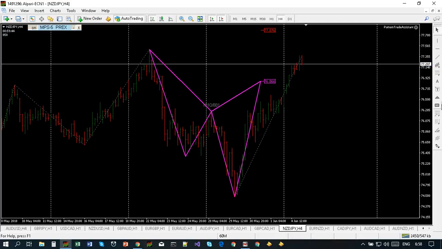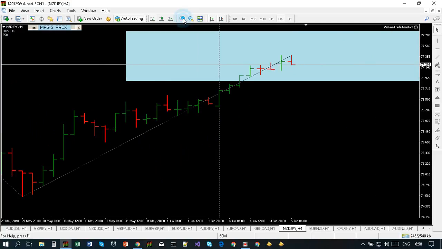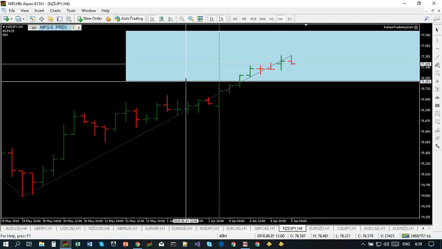So guys, look at this. This one is a reversal zone, and what I want you to pay attention to is the price action within this reversal zone. First of all, this is a very powerful bullish candle. As we enter this reversal zone, this bullish candle appears.